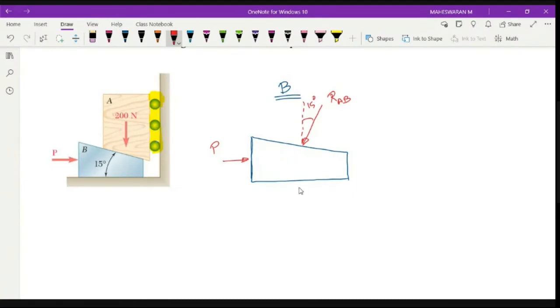And you have another force here, which I consider as RB. This is the contact between the horizontal surface and your wedge.